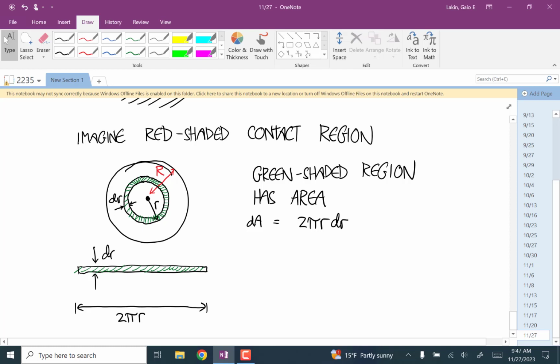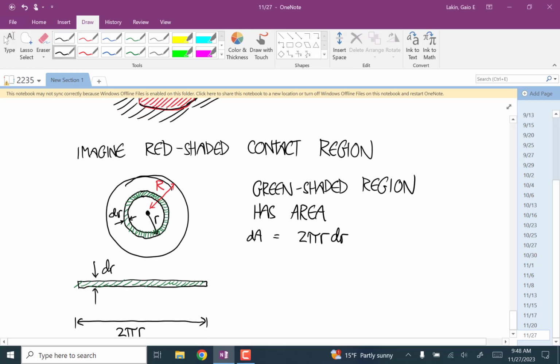And so now let me just explain where we're trying to get with this. We are trying to figure out for each one of these infinitesimal rings what the infinitesimal couple is that its friction applies.